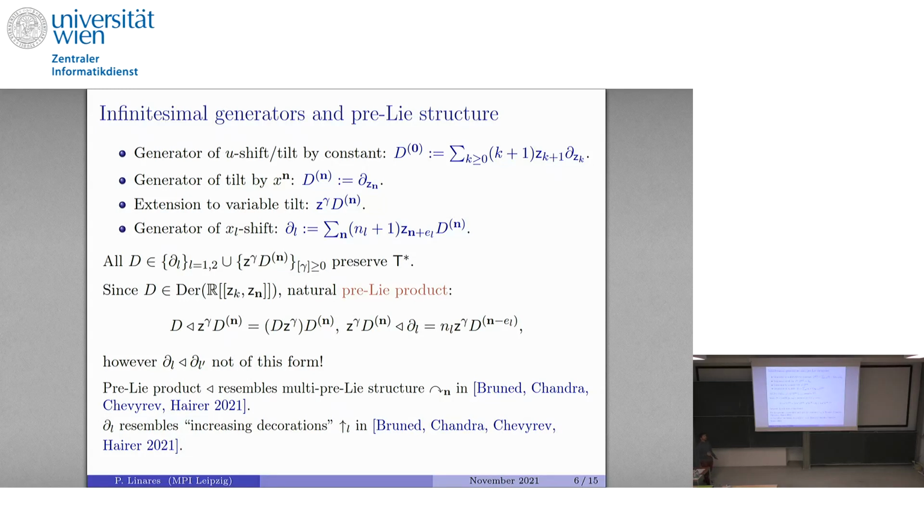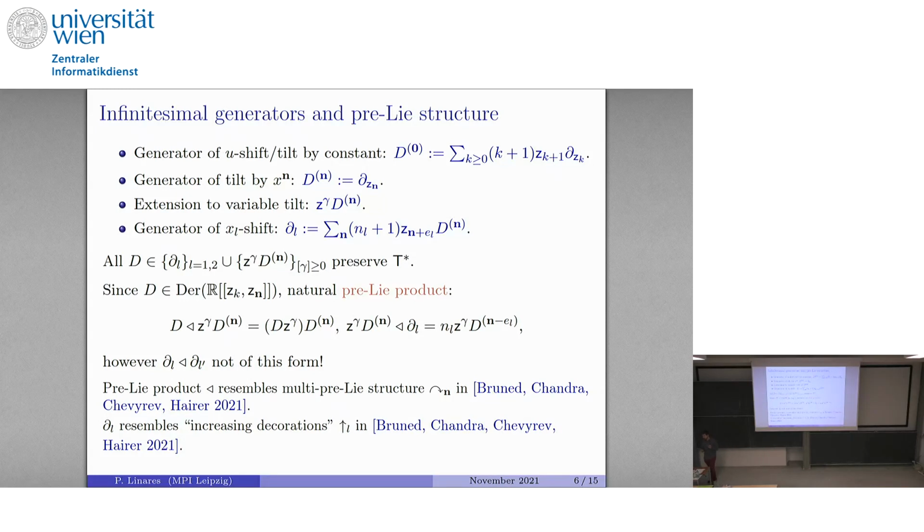A nice feature of these objects is that if we restrict the gammas to our populated case, they actually preserve this proper subspace that I defined before, this T star. And we can show that all these elements are actually derivations in the power series space, so they carry a natural pre-Lie product, which is encoded like that, kind of a covariant derivative.